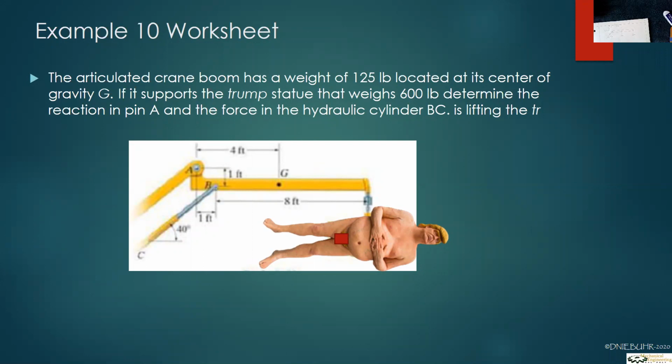This whole boom pivots at A, and attached to it you have the mass of the boom at the center of gravity G, 4 feet from A, and then you have the statue. It's 9 feet away from A, 8 feet away from B, and then add the extra foot. So it's a 9-foot distance total.